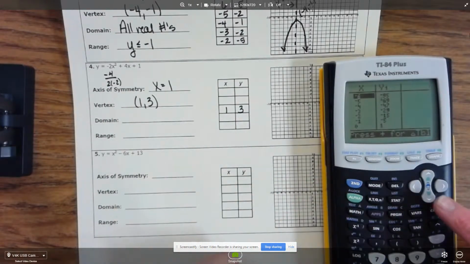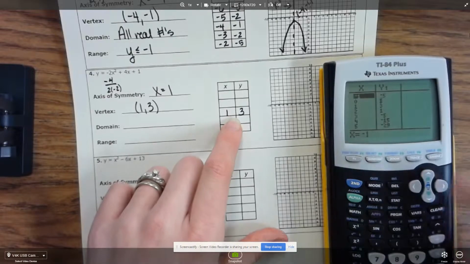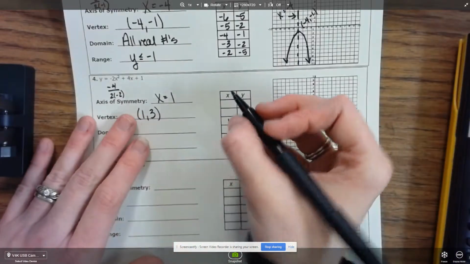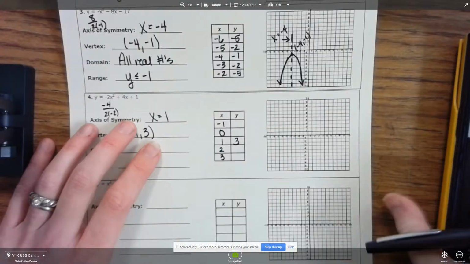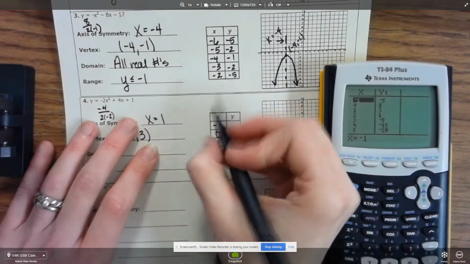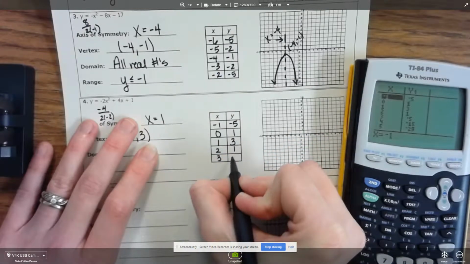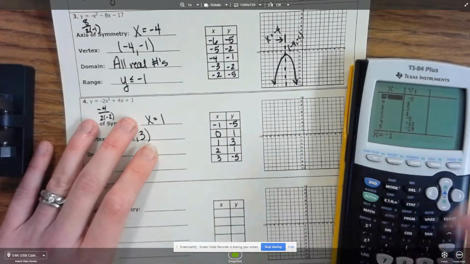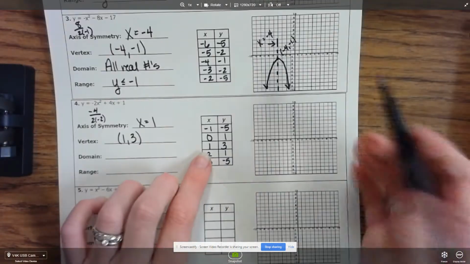And all I'm worried with is the table. So again, I kind of know where my starting point is. So this would be 0, this would be negative 1, 2, and 3. And my values, again, I'm filling in straight off my table from my calculator, exactly what my table shows me. And then I can graph.